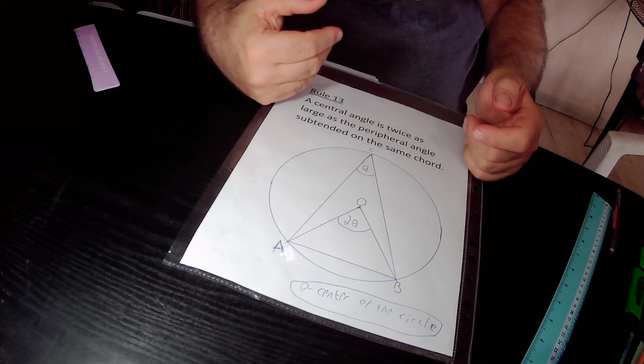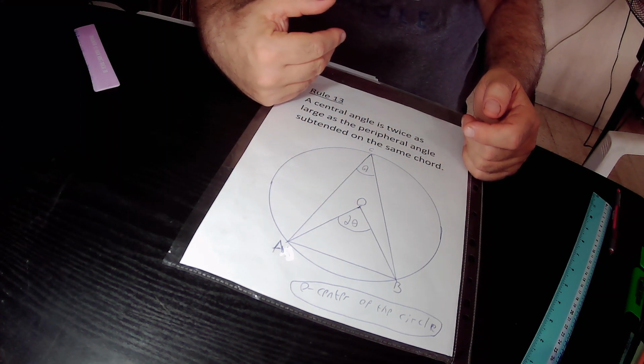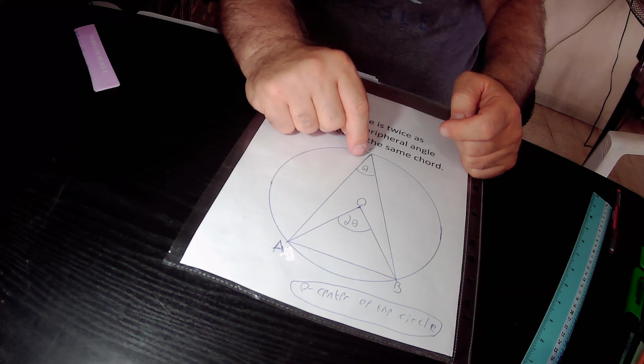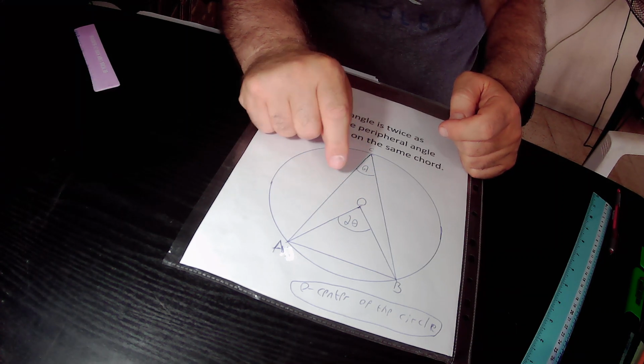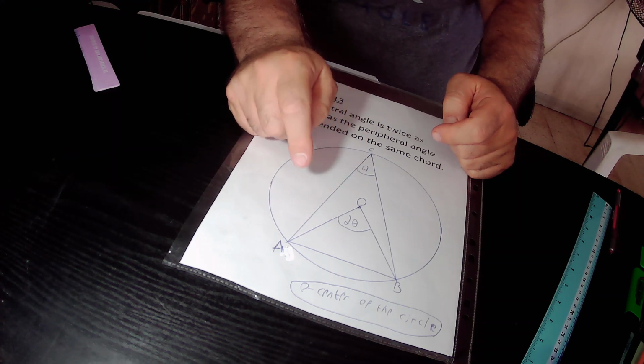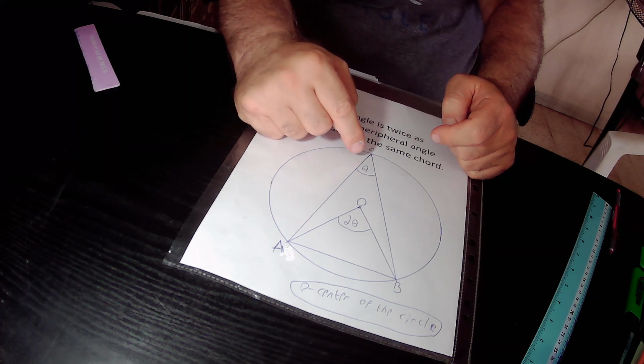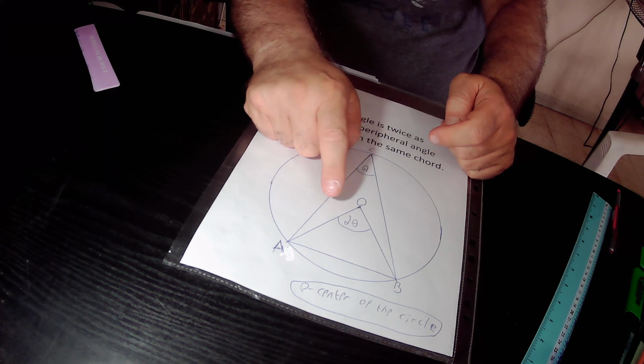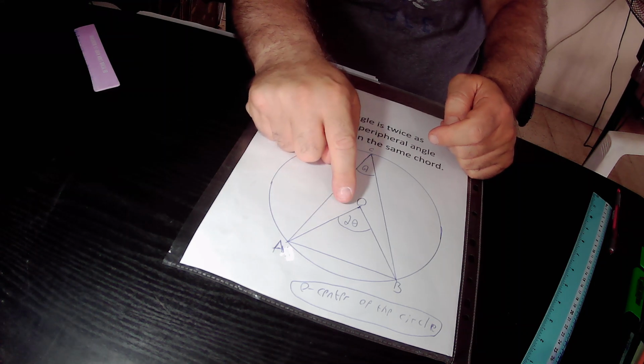And therefore, according to Rule 13, the size of the central angle AOB must be twice as large as the size of this peripheral angle that is subtended on the same chord called AB. So the size of peripheral angle ACB is theta, and therefore the size of this central angle AOB that is subtended on the same chord called AB must be equal to 2 theta.